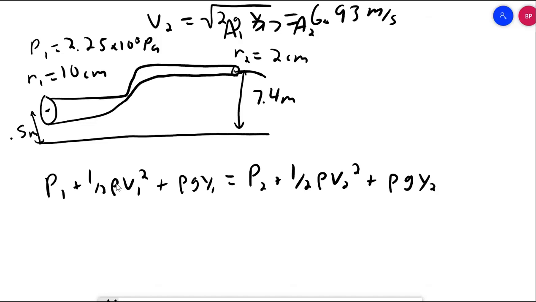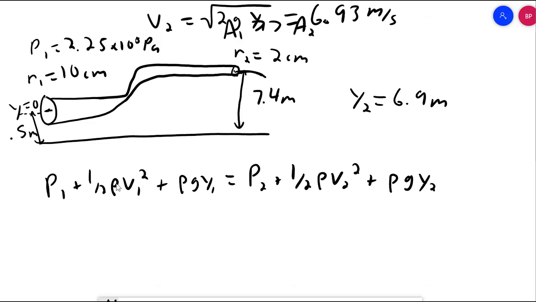Let's set where y is equal to 0, and let's do that here, the lowest point of our problem. So if y is 0 here, that means that y1 is 0. And y2 isn't 7.4 anymore because we're not measuring from the ground, we're measuring from here. So that means it's 7.4 minus 0.5, which is 6.9 meters.